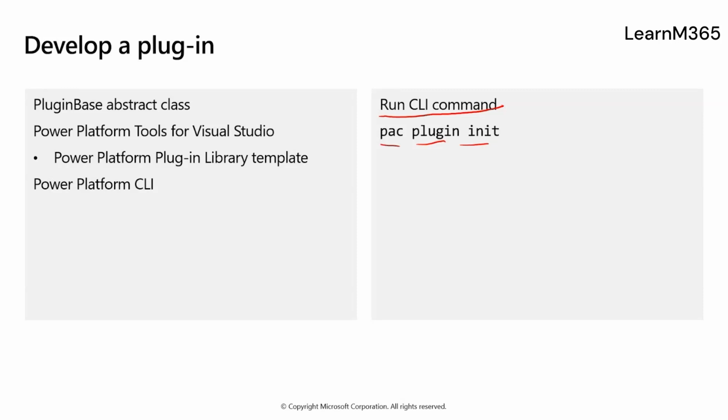You need to have a plugin abstract base class. You can use Power Platform Tools for Visual Studio, and with that you can make a project which is a .NET class library, and in that you would implement that previously discussed logic code, and you can build a DLL file.